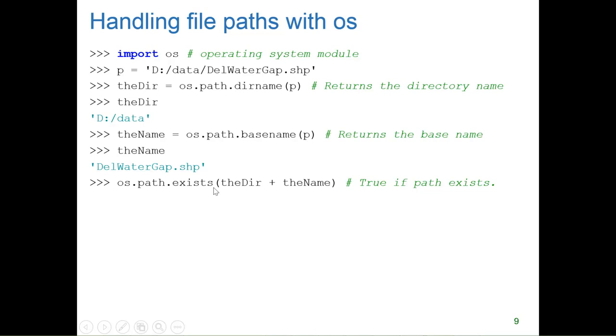There's an os.path.exists method, which will return true if the path that you've specified in parentheses exists. So if we say the dir plus the name, we get C data delwatergap. And take a moment to predict, is this going to return true or false? If you guessed false, you're right. Do you know why?